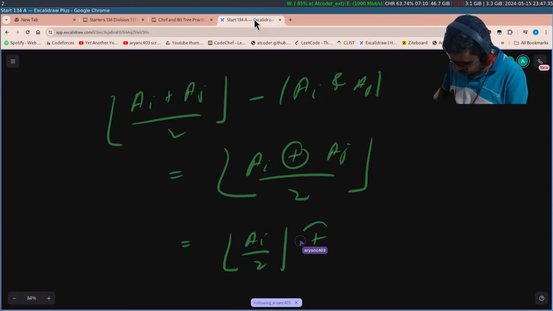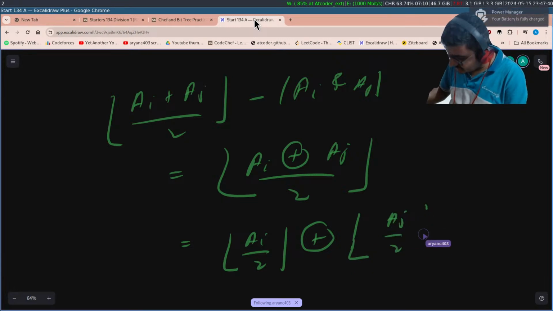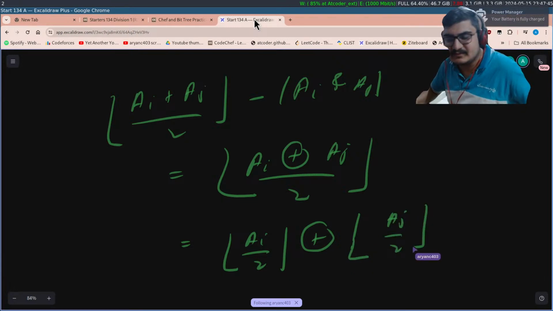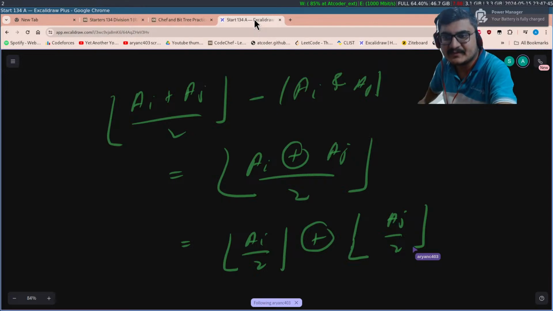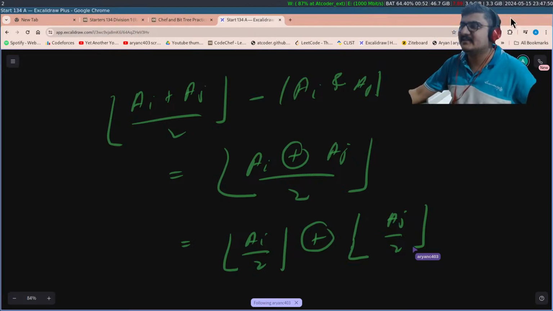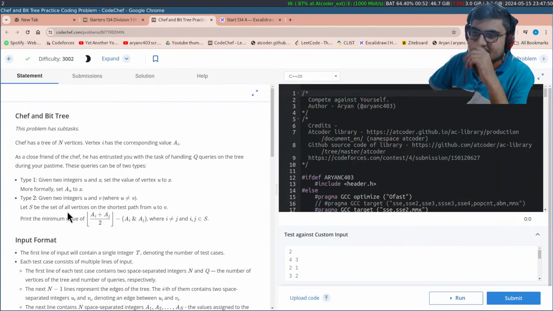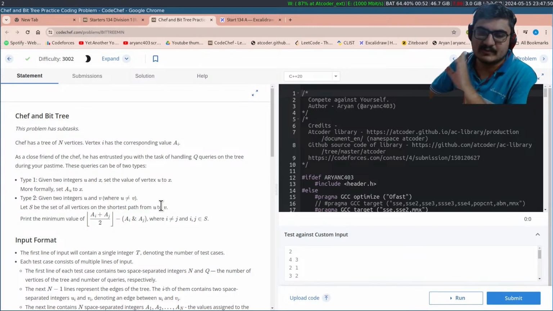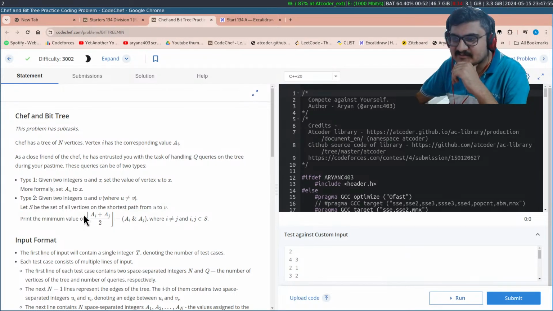So this is also equivalent to A_j divided by 2. So what we will do is divide all the numbers by 2 first. And what we essentially need is the minimum possible value of XOR on the shortest path from U to V. That is what this expression boils down to.